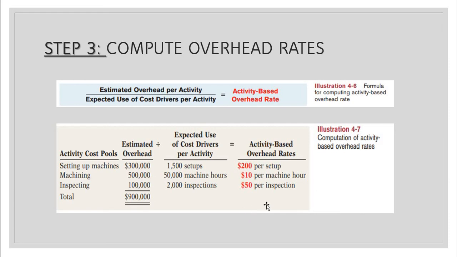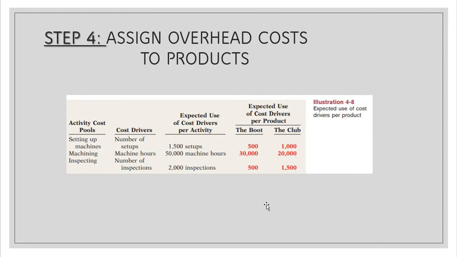Okay? So, next natin or the step 4, after computing the overhead rate, is for you to assign overhead costs to each product. To each product, okay? Or to the products. In assigning such, it is necessary for us to know the expected use of cost driver for each product. Tandaan nyo ha, for each product, because of its low volume, the club requires more setups. Kung makikita nyo dyan, more setups and inspections than the booth.